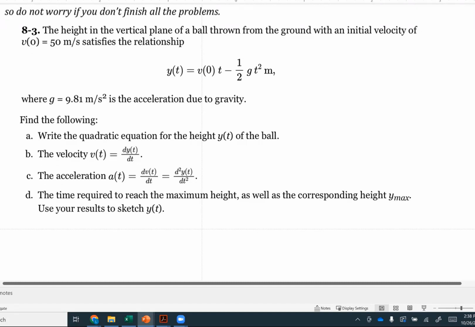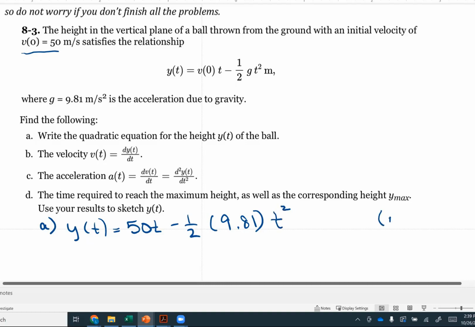So we have A, and we want to substitute our v of 0, which is 50. So we have y of t is equal to 50t minus 1/2, and we're going to substitute our g, which is our gravity, 9.81 meters per second squared, times t squared, and this is in meters.